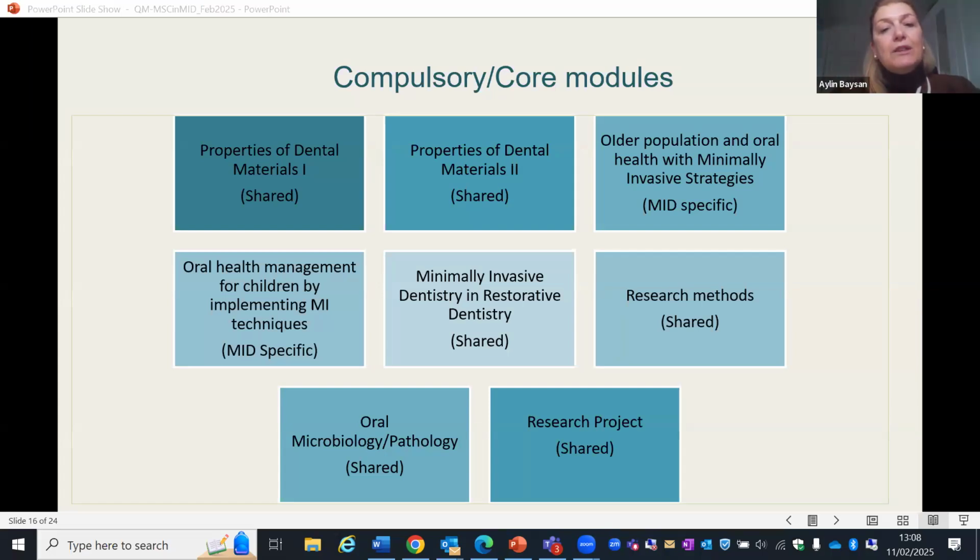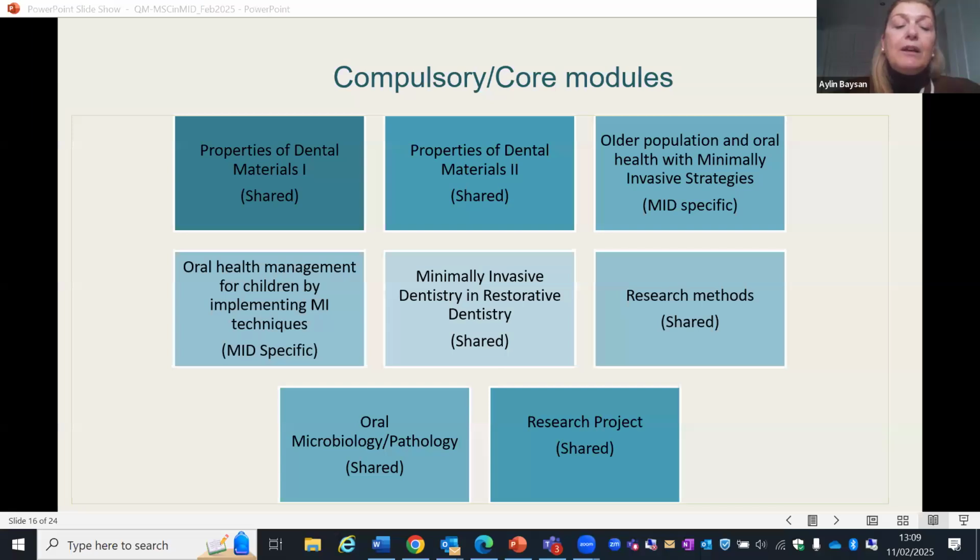Minimally invasive dentistry in restorative dentistry. This is shared in a way, the first part, the MID one. Within this one, you have two components. The first one is MID 1. It's shared with dental materials and oral biology, but they don't have the clinical part. They are non-clinical programs. And then MID 2, with me again, and MID 1 with me as well.